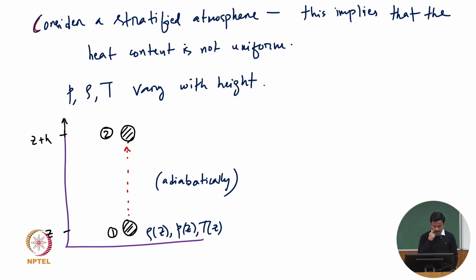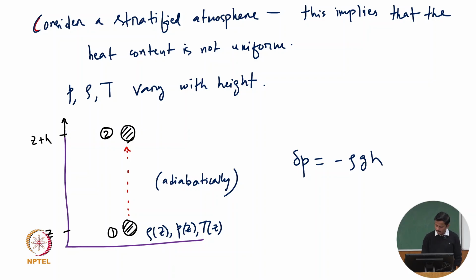As the system is not in motion, the hydrostatic approximation is valid, and as I told you, this is an important approximation, which we'll keep using later also. So the pressure change between point 1 and point 2 is delta P equal to minus rho g h.